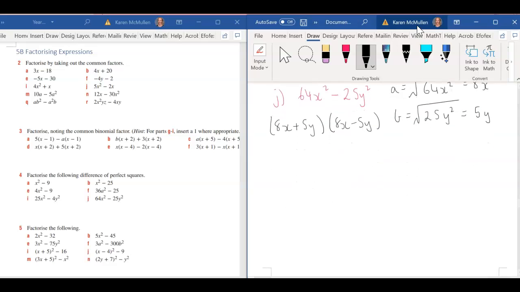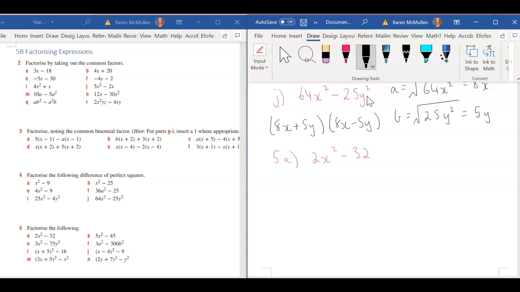All right, question 5, we're also going to be using difference of perfect squares, so a little bit more practice, which is great. Now, if you get an expression to factorize and you look at it and think, that doesn't look like a perfect square because 32 isn't a perfect square and 2 isn't a perfect square, see if there's a common factor first.